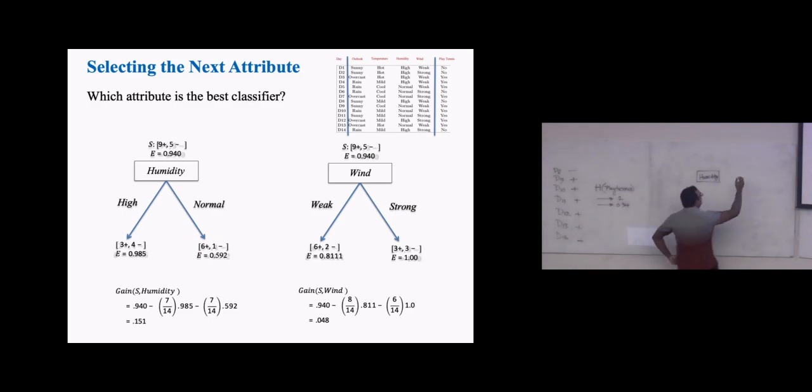So you need to compute the entropy of play tennis, let me call it PT, minus the entropy of PT given humidity. This is what we need to compute.